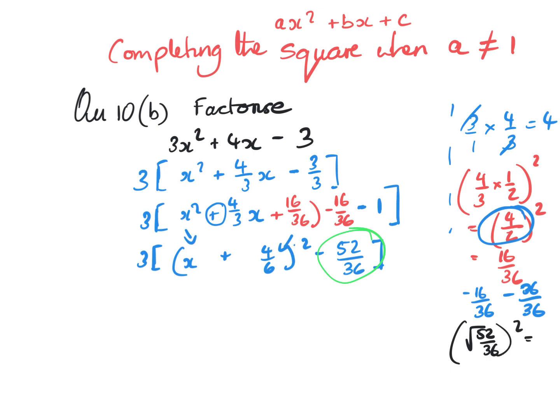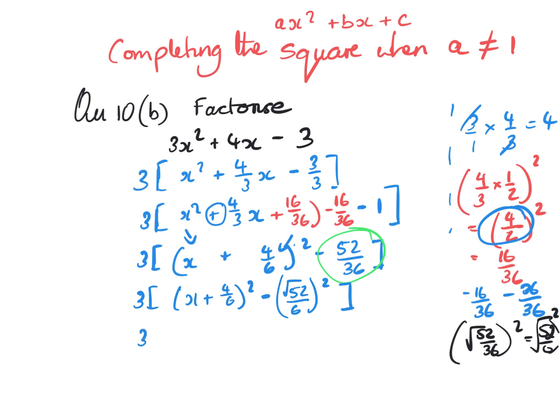And of course the square root of 36 is 6, so it's root 52 on 6, all squared. So coming back over here, 3, and I've got x plus 4 on 6 all squared minus the square root of 52 on 6 all squared. Square root and square.